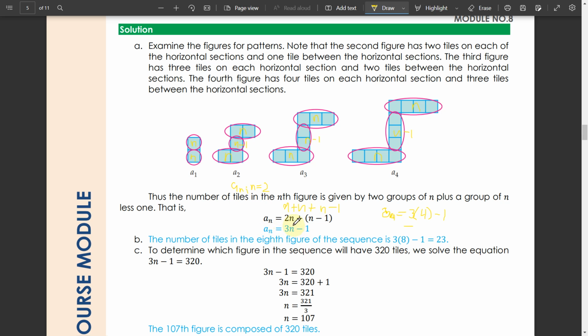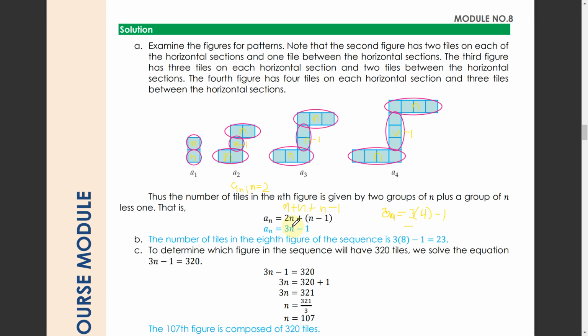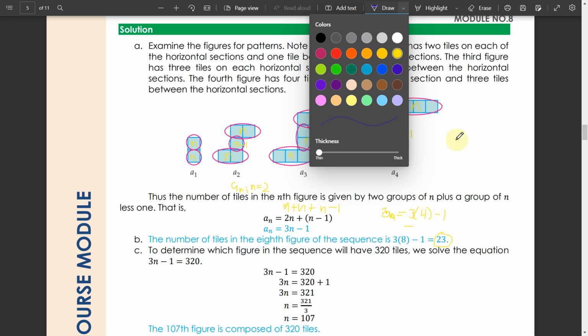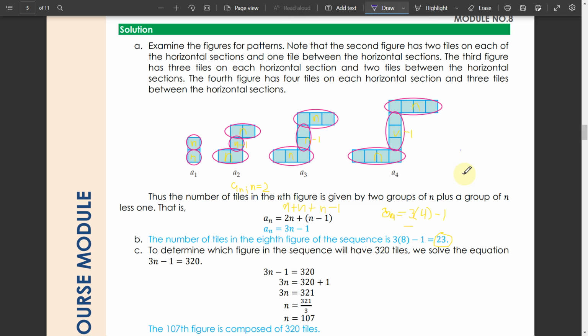So we substitute our n by 8. So 3 times 8 is 24, minus 1. So the answer there is 23. Okay? So what is the figure like, sir? It's difficult, right? The figure is A8.